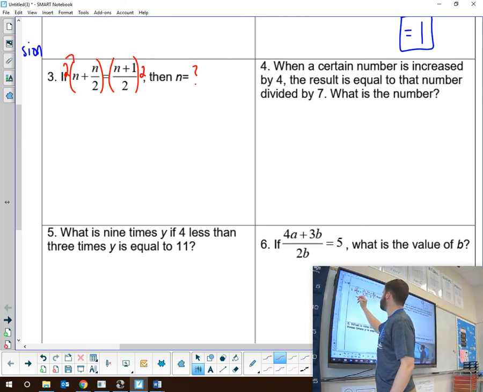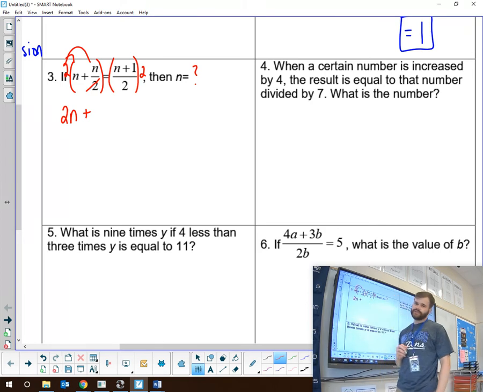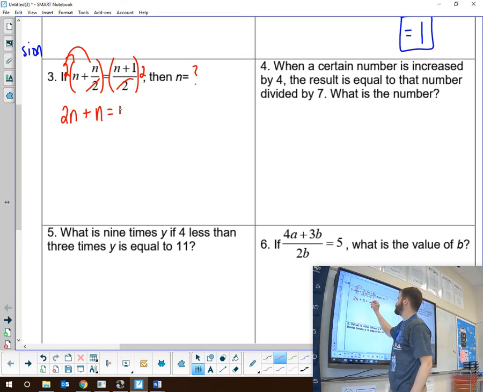2 times n is 2n. 2 times n over 2 is, hey look, that 2 is going to cancel out. So I'm just going to be left with n. Alright, on this side, we're multiplying this whole fraction by 2, and since the whole thing is on top of 2, that's going to cancel out, and it's just going to leave me with an n plus 1.